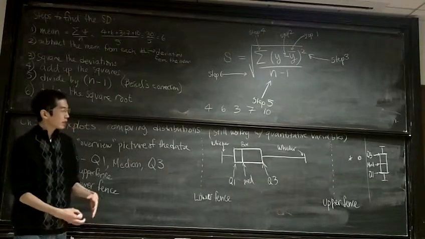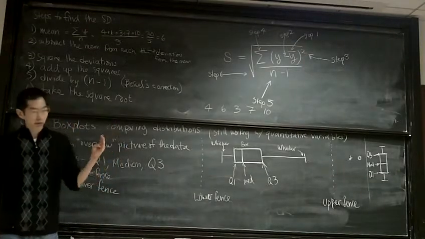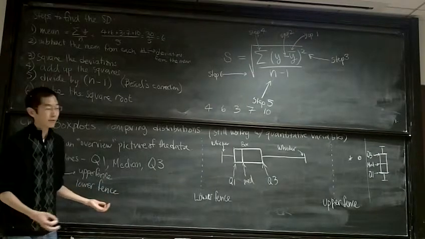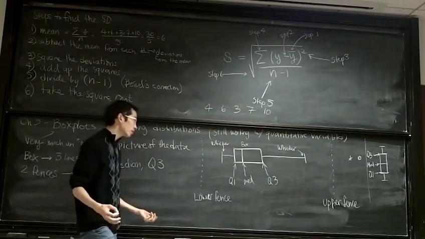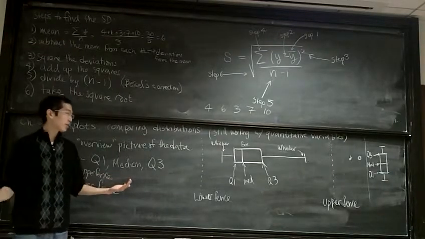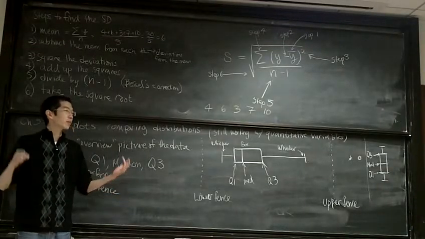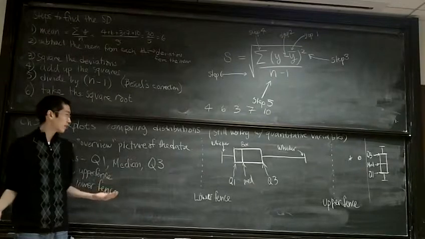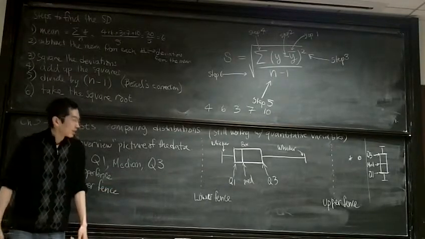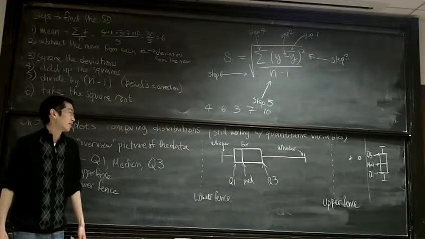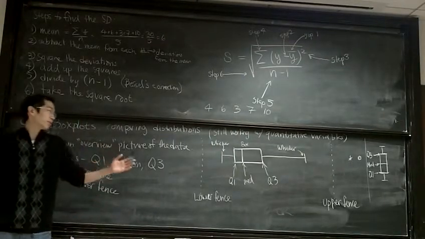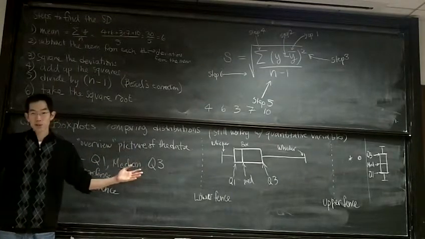Anything outside of this zone we consider to be unusual points. If we're talking about people's heights, for men the zone of normal might be something like, maybe 5 feet to 6'6" or something like that.